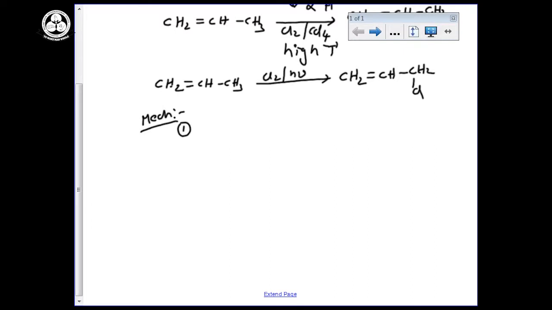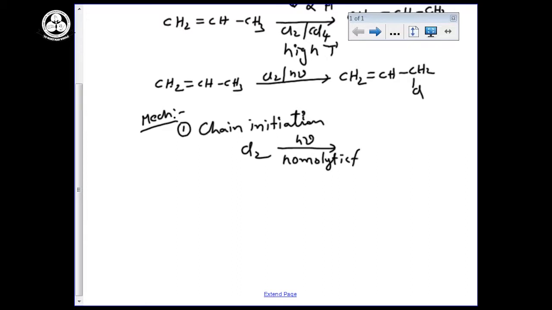First is chain initiation: Cl2 in the presence of sunlight undergoes homolytic fission, and we get free radicals.